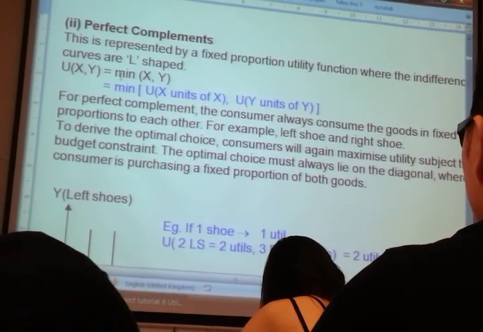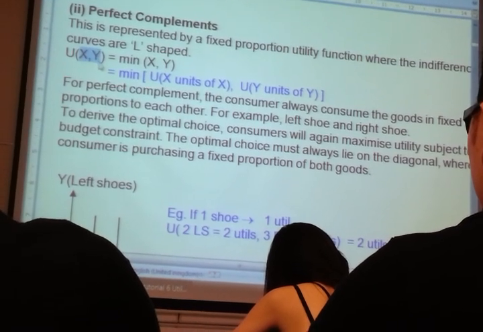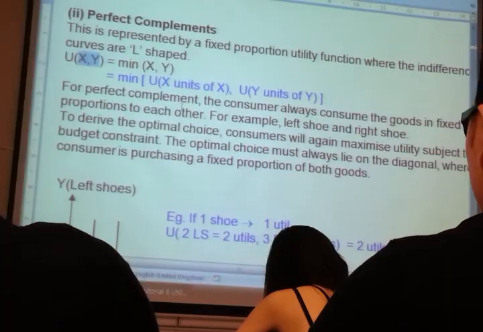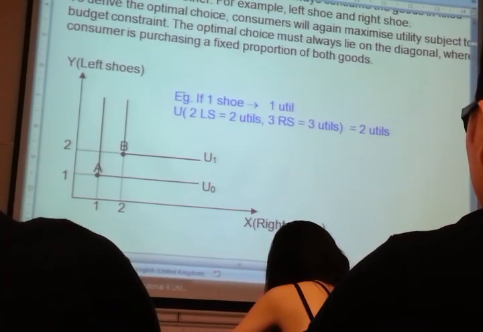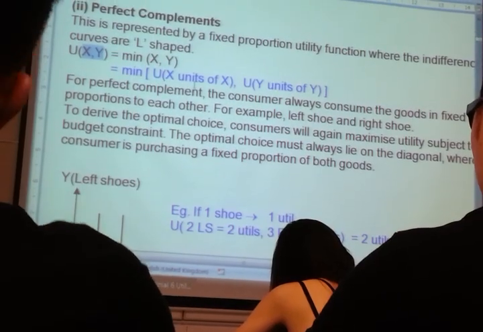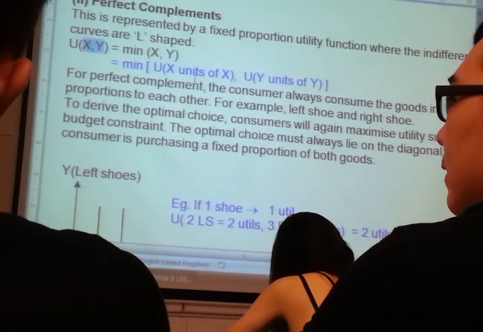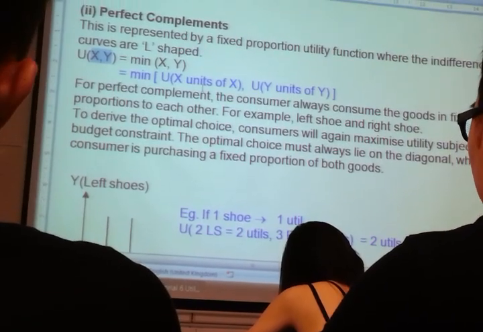Now, the utility is derived from the two things, root x and root y. So if the utility function is L-shaped, then in mathematics, the utility function will be the minimum of the two utilities.